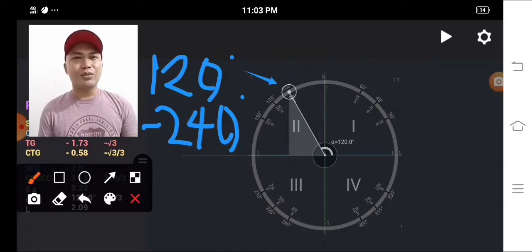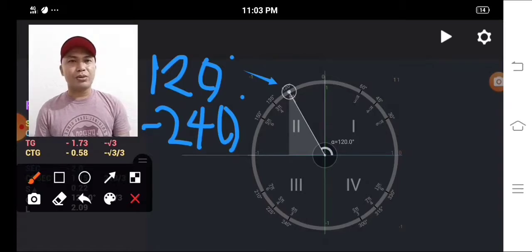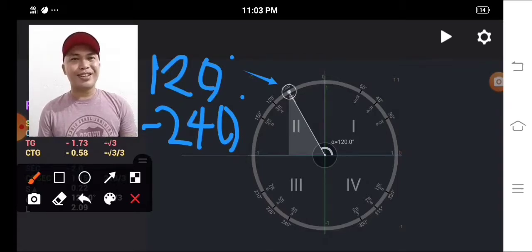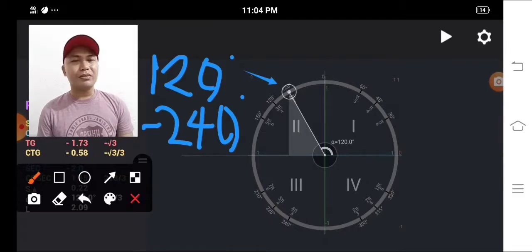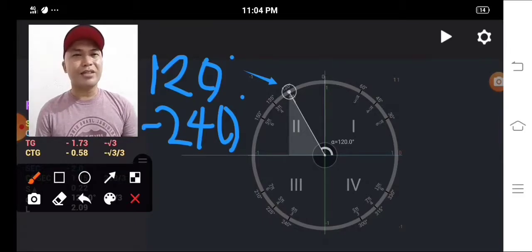You can still look for other coterminal angles by adding 360 degrees. So you can add 360 degrees to 120. So 120 plus 360 is 480. So 480 is another coterminal angle of 840.